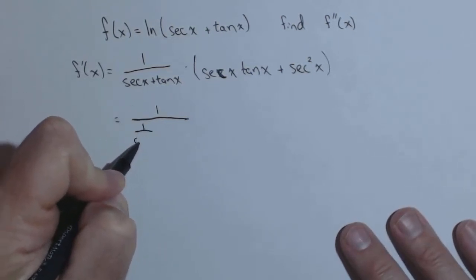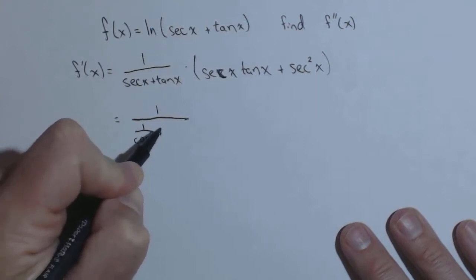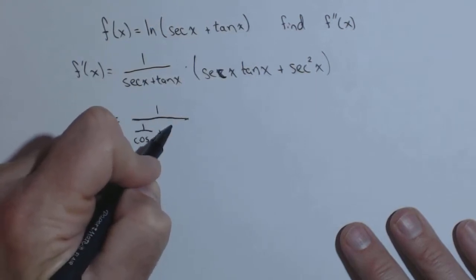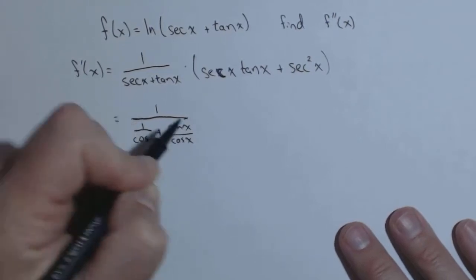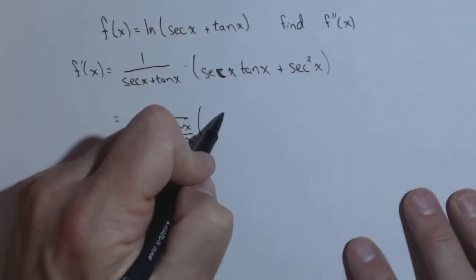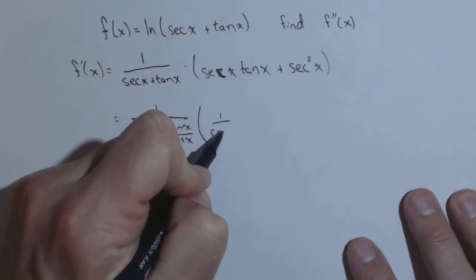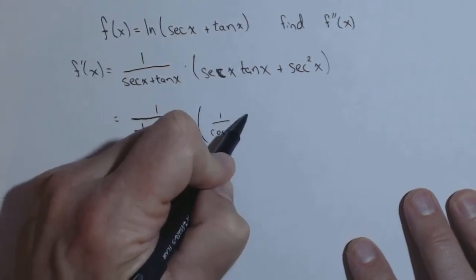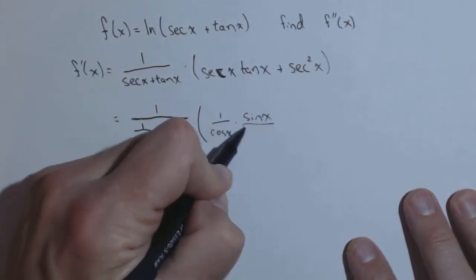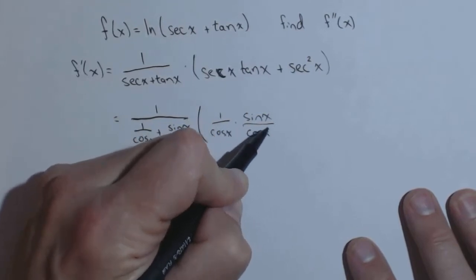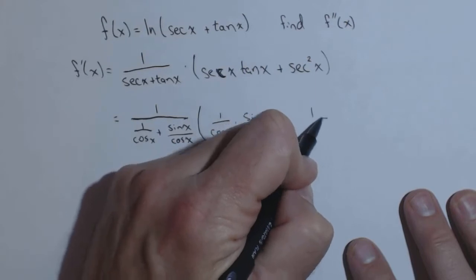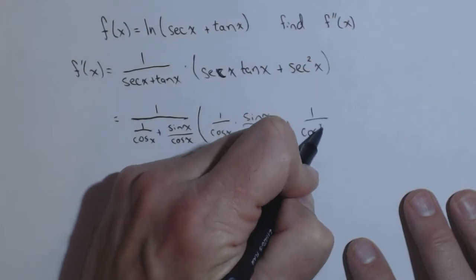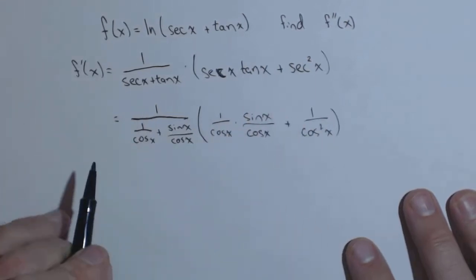So secant is 1 over cosine x, and tangent is sine x over cosine x, so those can be combined. And over here, I've got 1 over cosine x times sine x over cosine x plus secant squared, which is going to be 1 over cosine squared x.